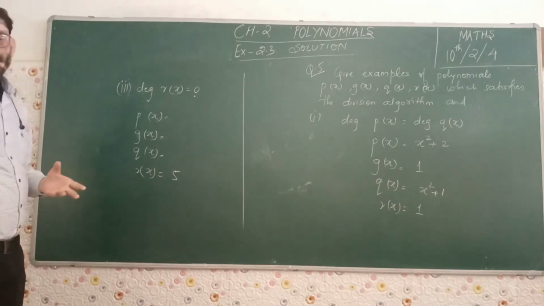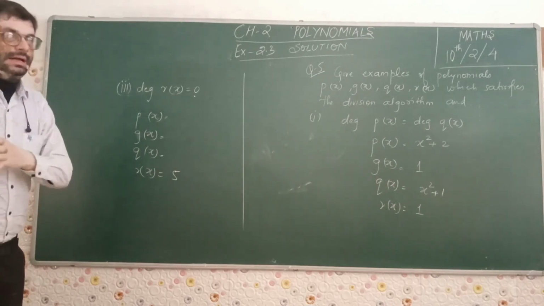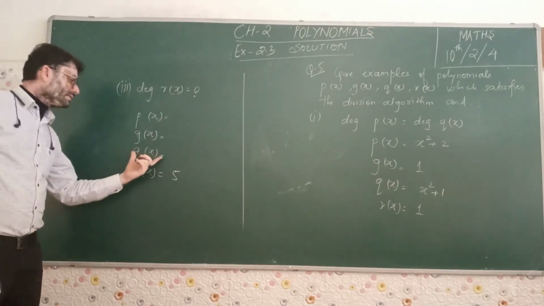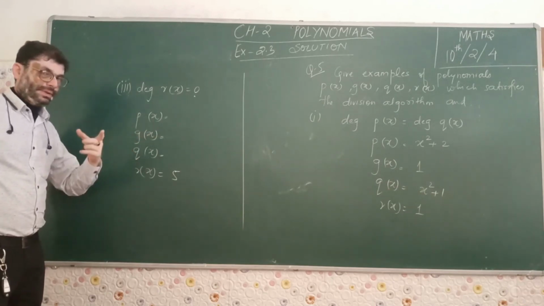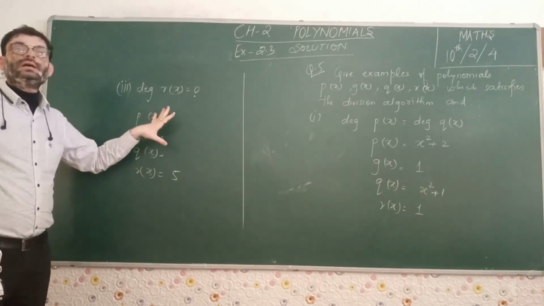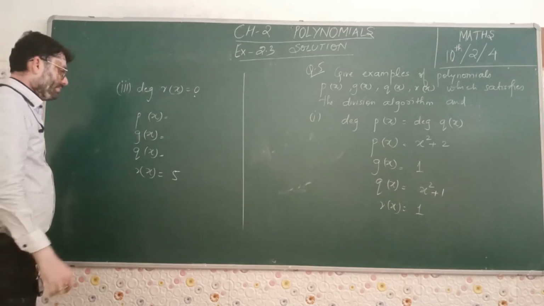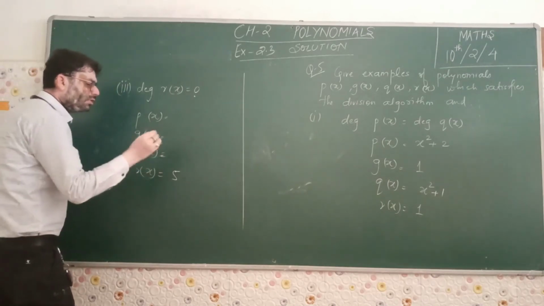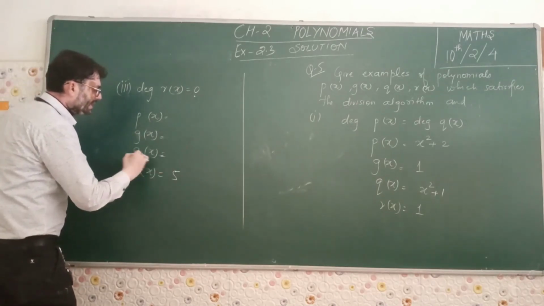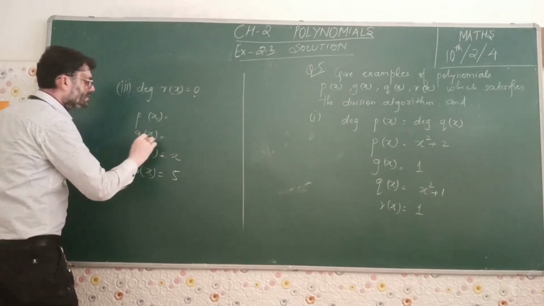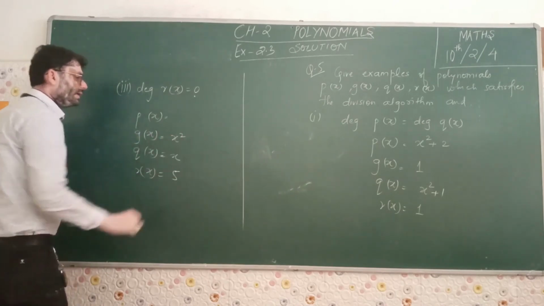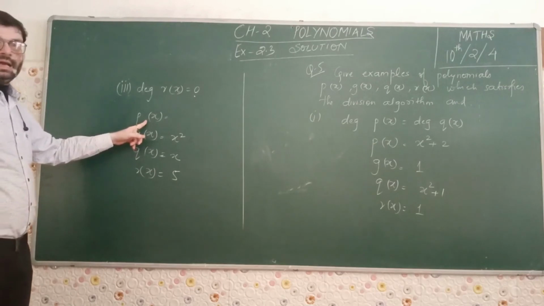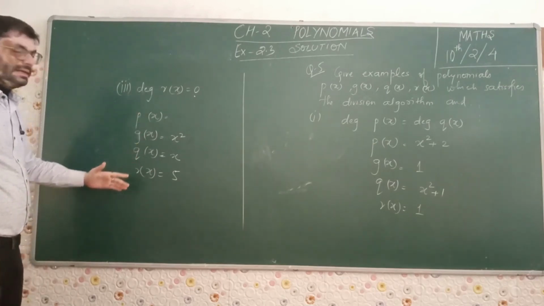We can take any algebraic expressions to make such polynomials, keeping in mind that it should satisfy the division algorithm. So let us take the smaller ones, smaller degrees. We will say that let q of x we can take x and g of x we can take x squared, and p of x can be obtained by the division algorithm.